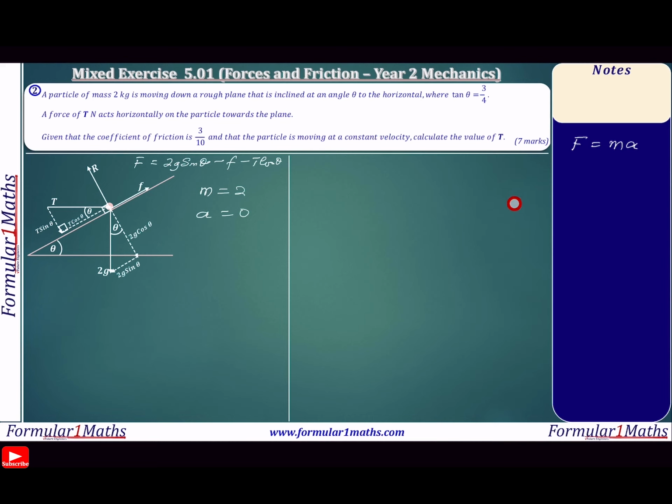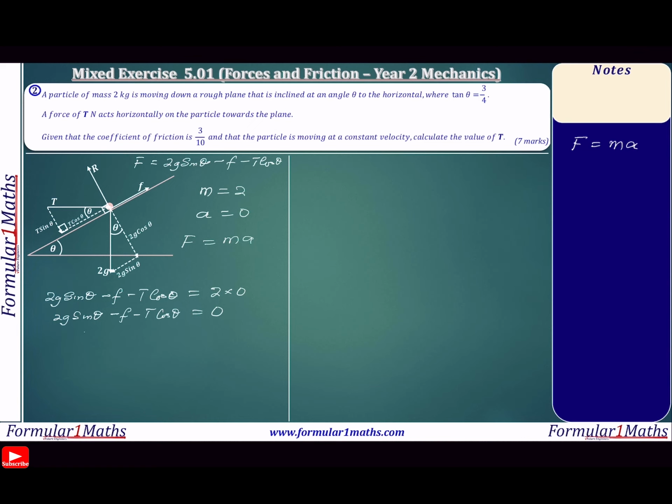We can now do our substitution into Newton's second law of motion, which is F equals ma, and we are going to get 2g sine theta minus F minus T cos theta is equal to 2 times 0, which means 2g sine theta minus F minus T cos theta is equal to 0.